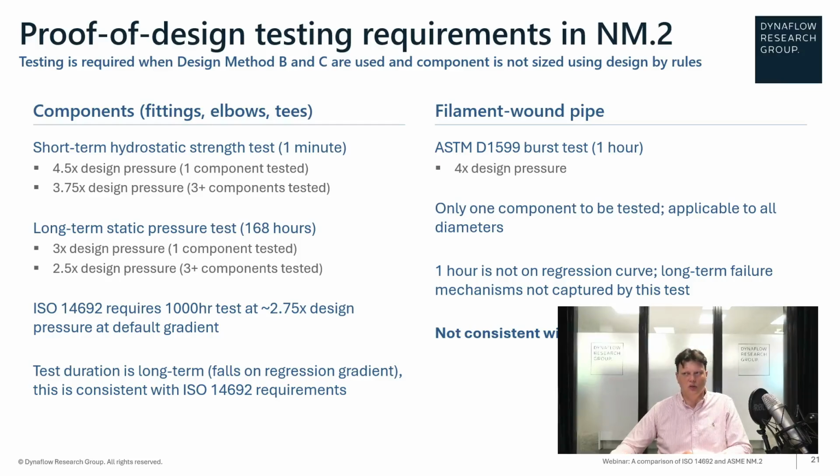So for one, the 4 times design pressure for 1 hour is a bit low compared to the ISO, depending on the gradient and whatnot. But the bigger aspect is that 1 hour is not a long-term failure mechanism. So with this test, there is no long-term failure that is being tested and captured, and thus this would not be consistent with the ISO. The short-term and the long-term failure mechanisms are completely different, and with this test you are not verifying that sufficiently.